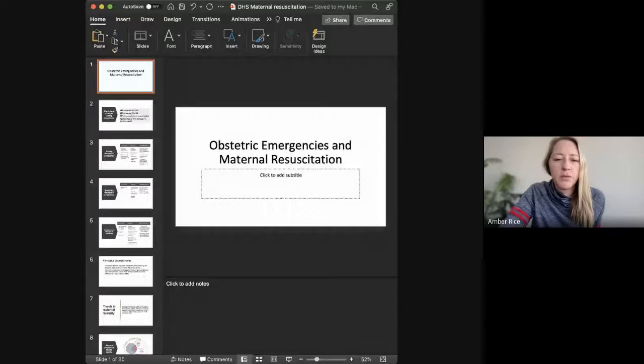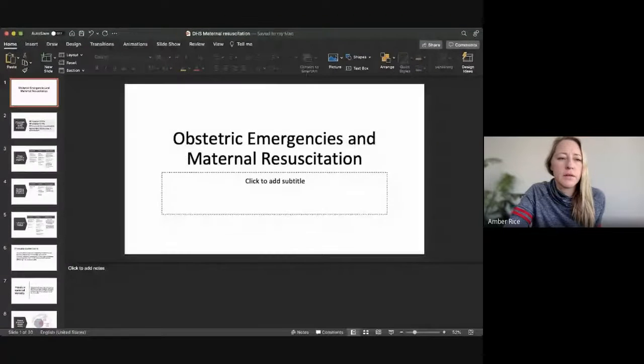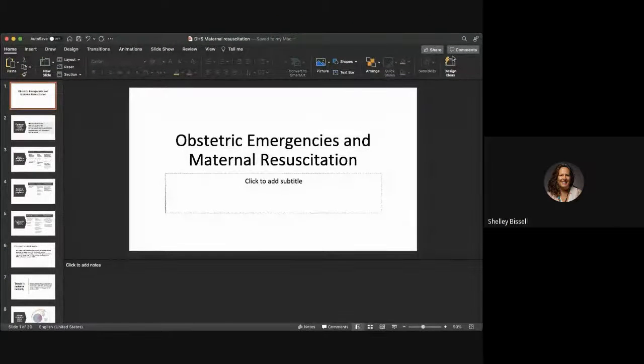Sorry about that. Did that fix it? That should work now. Every time I do this, it makes me go to my system preferences and allow me to share it. And then I put the screen. Okay. All right. Can you guys see the PowerPoint? Yes. Cool.